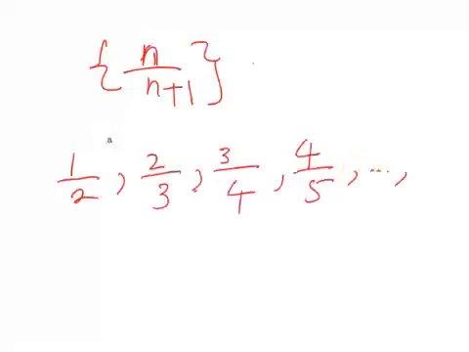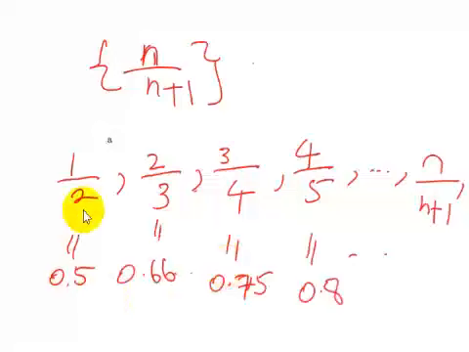The general term is n over n plus 1. Let's write the decimal numbers for these rational numbers.